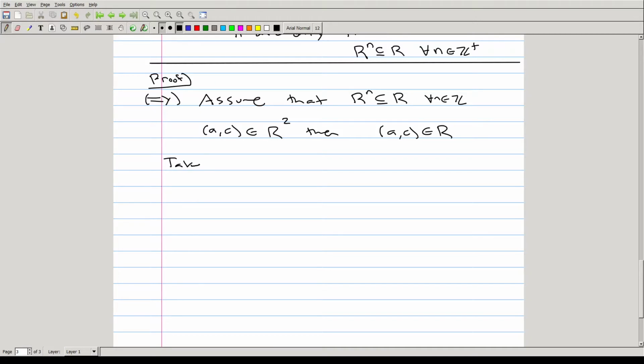So we're going to take some element (a, c) in R squared. By definition of the composition, there exists an element b in A such that (a, b) is in the relation and (b, c) is in the relation.